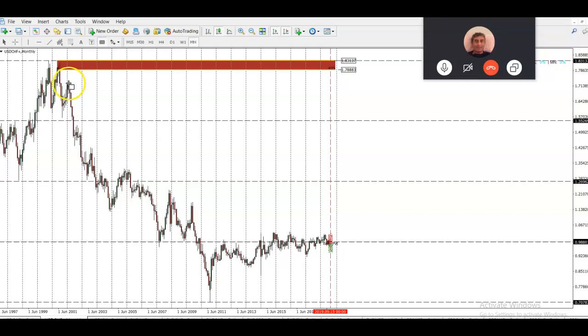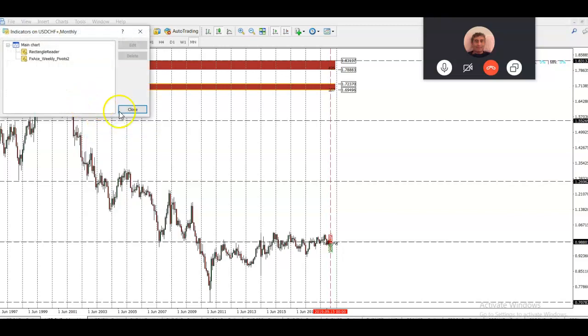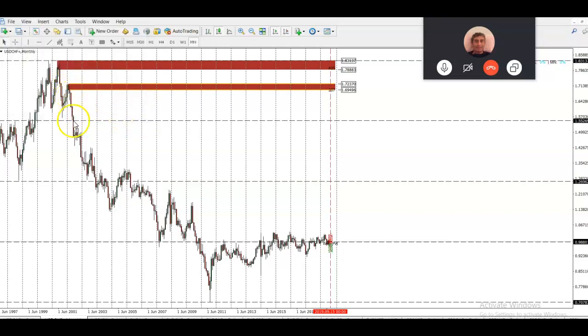No, I'm listening. Okay, then we draw that zone in there. This area here caused this new low. This swing high caused this new swing low. Swing high, swing low, it's a good trading zone.